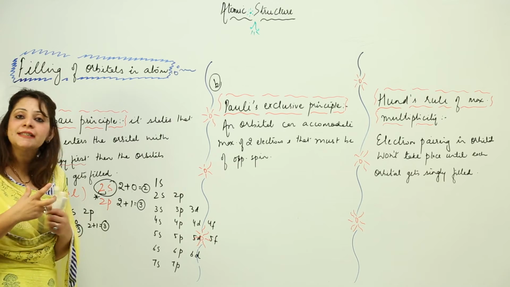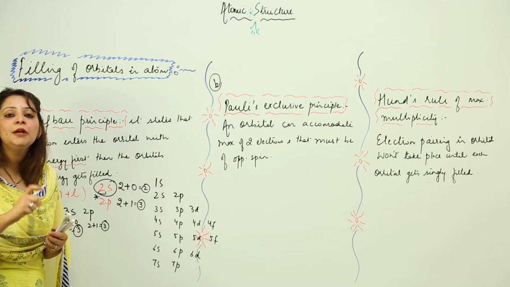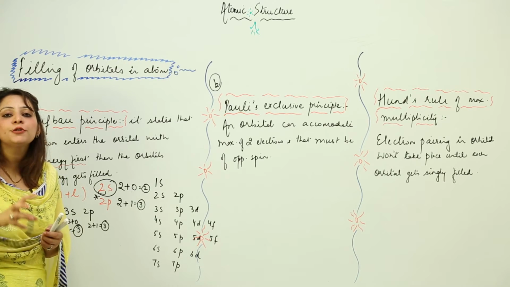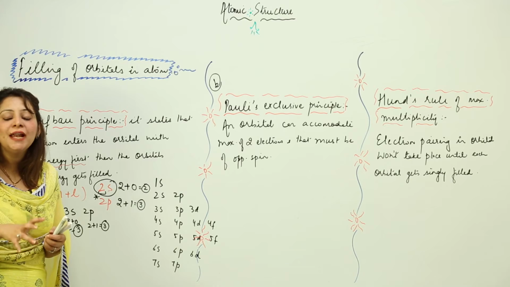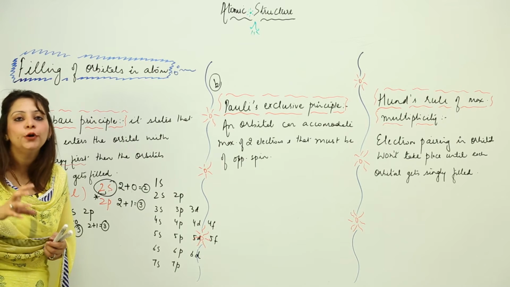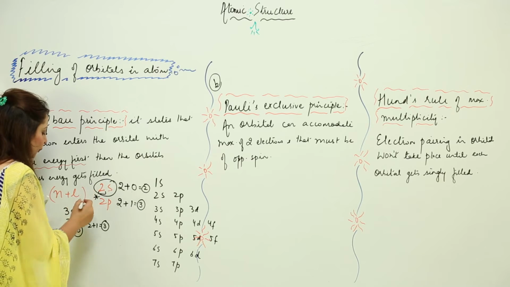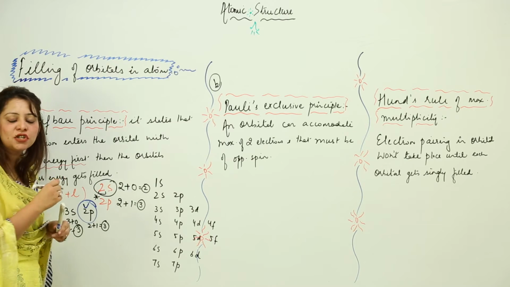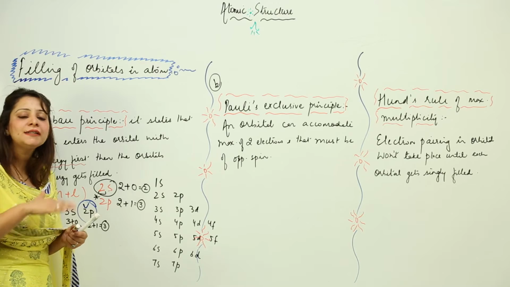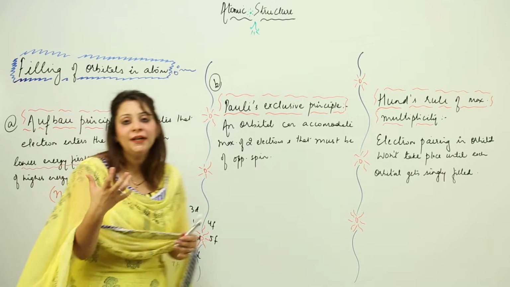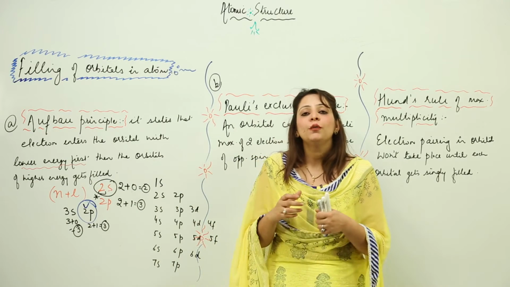If the n plus l result is the same for two subshells, then you are going to fill the subshell which has the lower value of n. In this case, which has the lower value of n? Obviously 2p. So it will possess less energy, and we will be filling 2p first, and after that 3s.